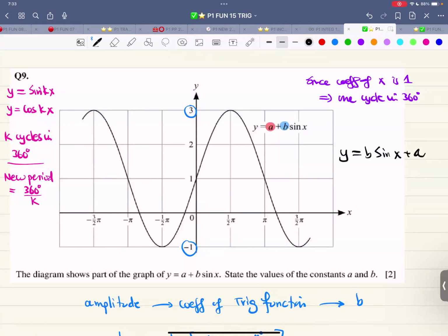So now question number 9 is all good, all clear. That is about the amplitude. So let me write it down: that is the amplitude, and that is the constant added. These are the 2 things that we talked about.